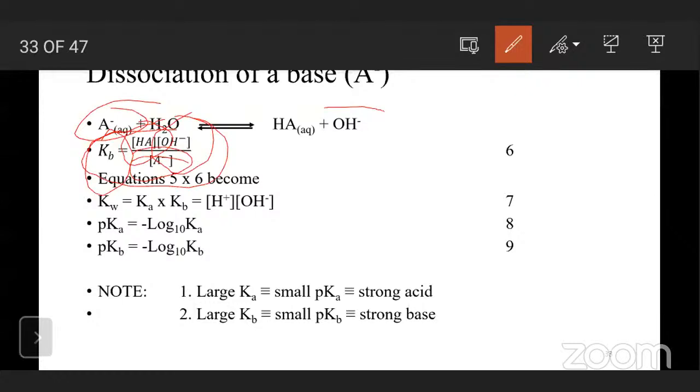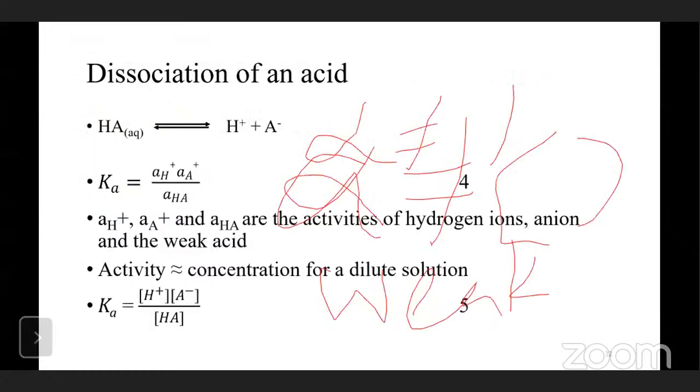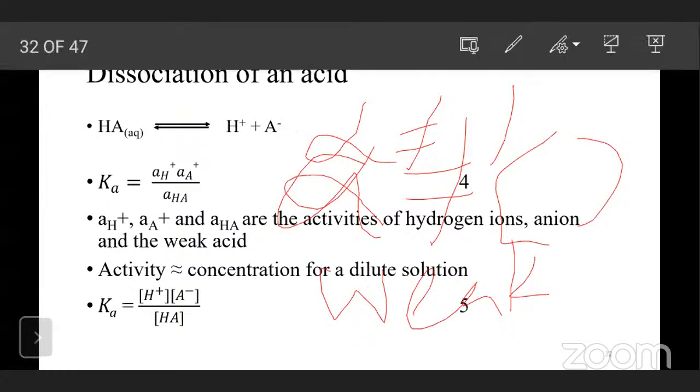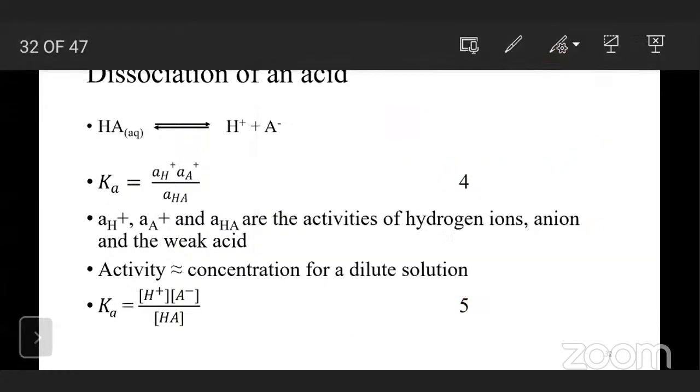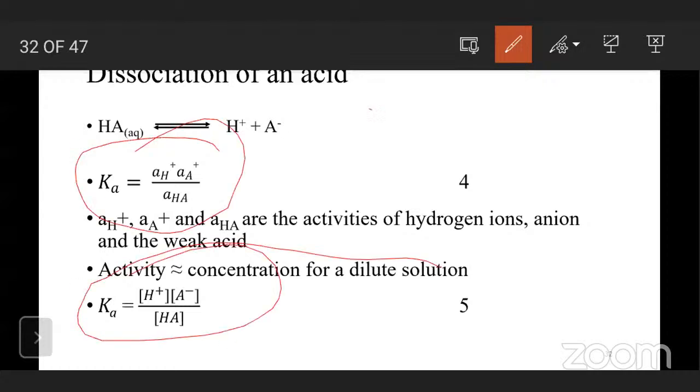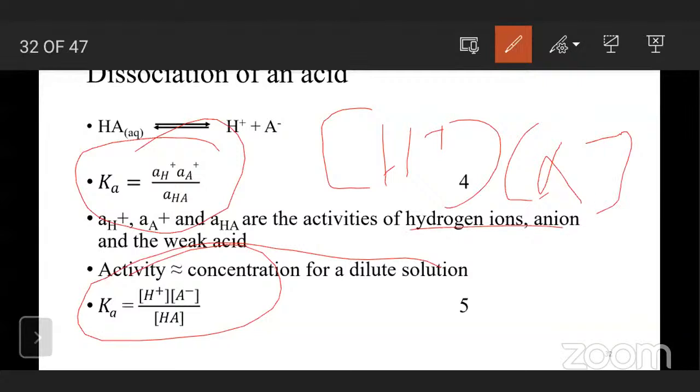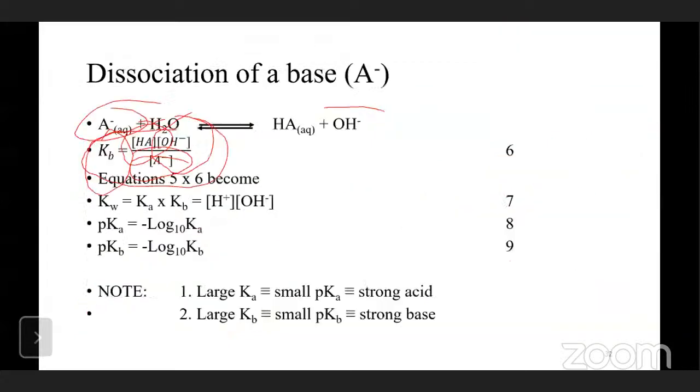And we said that if we multiply equation 5, what is equation 5? That is this expression, which is the concentration of H plus, concentration of A minus, divided by HA. So let us take that to the other side.